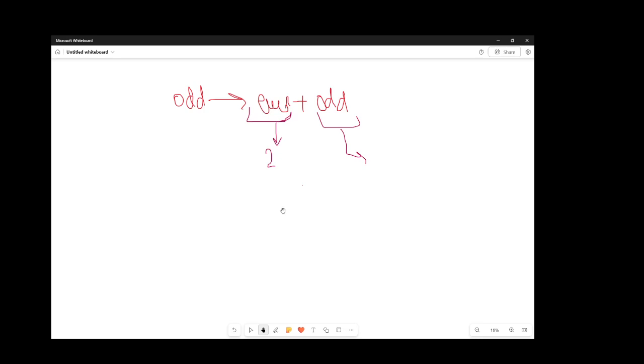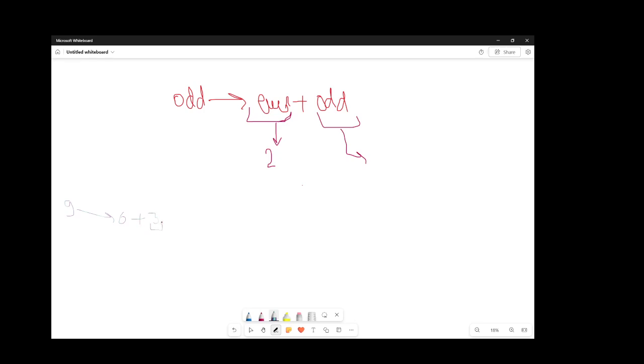So where I was. For the odd case, let's say the number is 9. So odd is equal to even plus odd. Even is 6 plus 3.